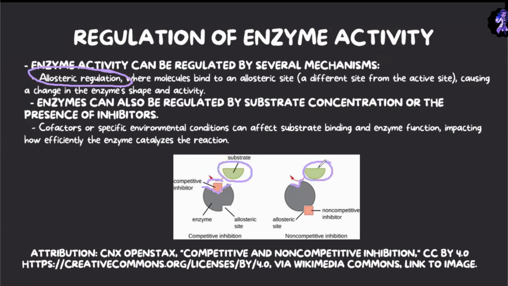However, what happens is there could be another location on the enzyme called the allosteric site, in which you could have a substrate copycat, I want to say, that sort of binds to that enzyme and alters the functionality of that enzyme to therefore no longer attach the substrate that originally was intended for.